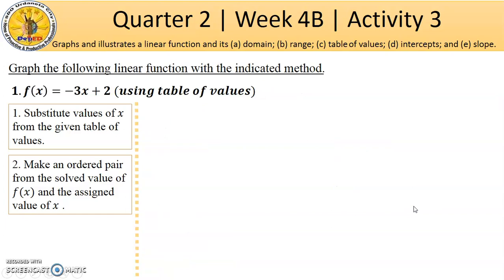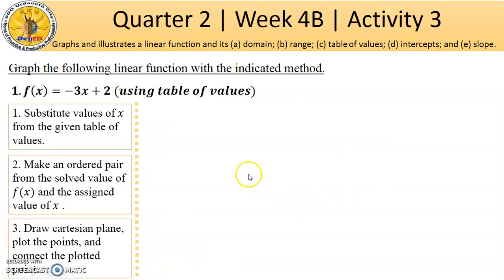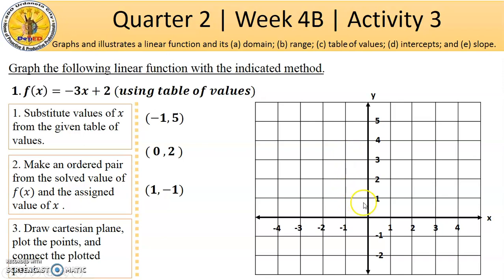For the last step, we have to draw the Cartesian plane, plot the points, and connect the plotted points. So we have here the Cartesian plane. Next, we're going to plot these points. (-1, 5), we have -1 and +5.